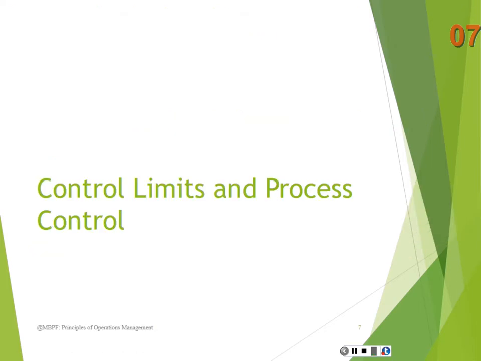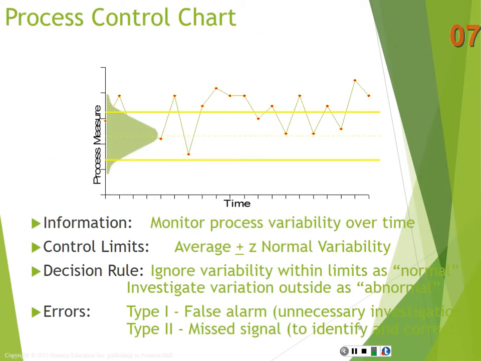Okay. So for control limits and process control, again, we're back to that original slide, and we want to monitor that process over time, and we use our probability curve to determine where we want those control limits set. Pretty standard to set it at plus or minus 3 standard deviations, so then your z-score would be 3, okay?